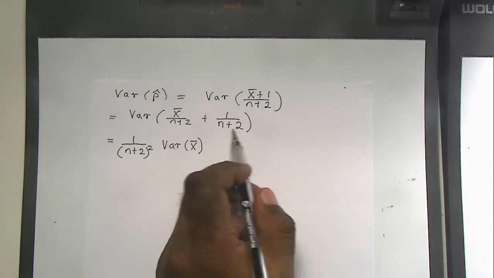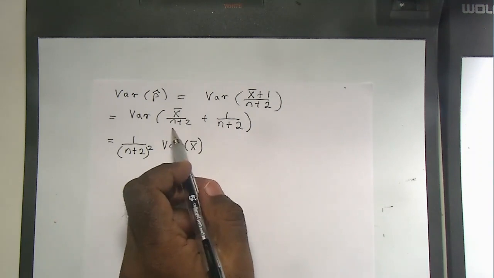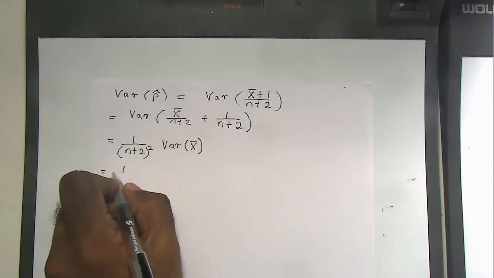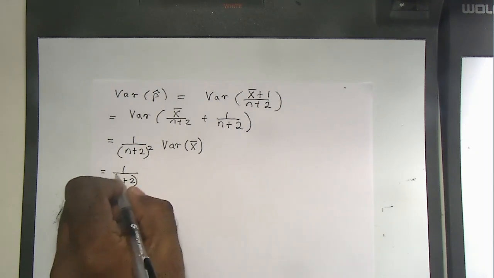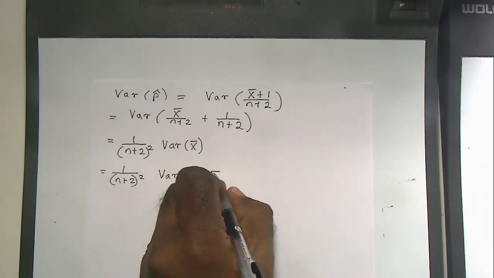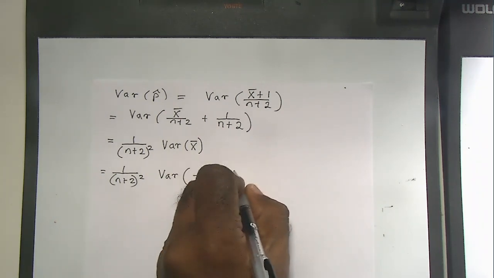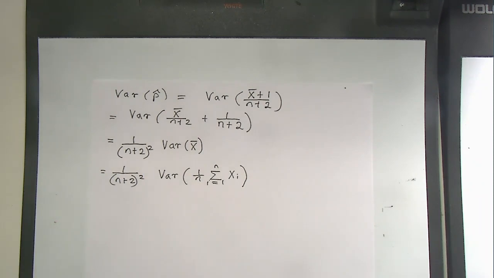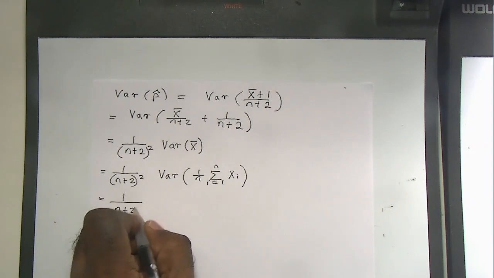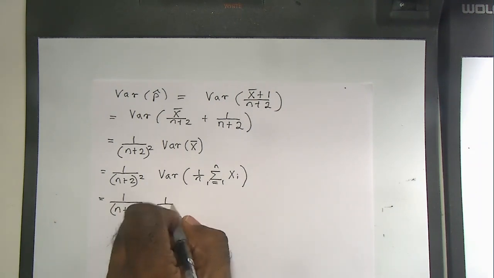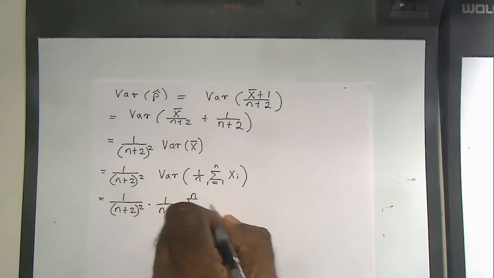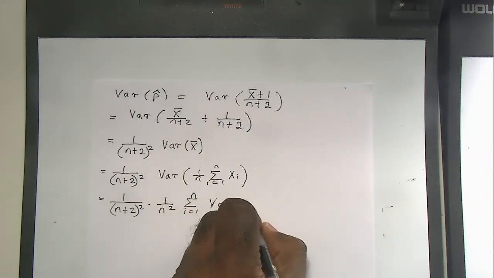Because this has no effect on the variance, and you should pull the constant outside, it becomes the square of n plus 2. Okay? Now taking the variance inside, it becomes, right, this is what you get.